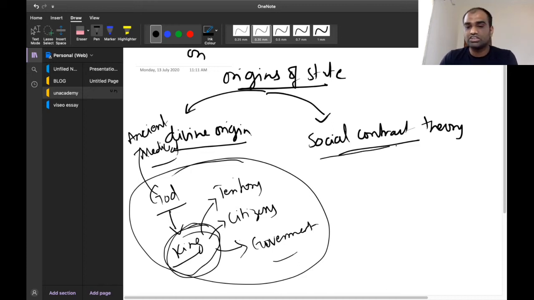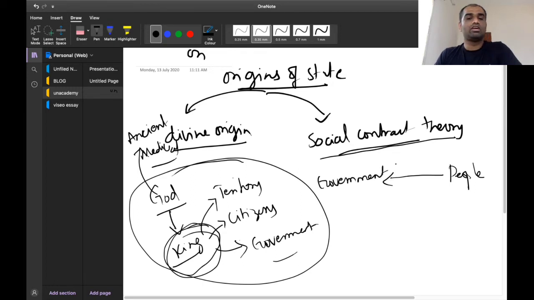Now, in the last 200 to 300 years, the definition of state follows along the lines of the social contract theory. This theory says that for establishing a state, people will come into agreement with the existing government and sign a document called the social contract.